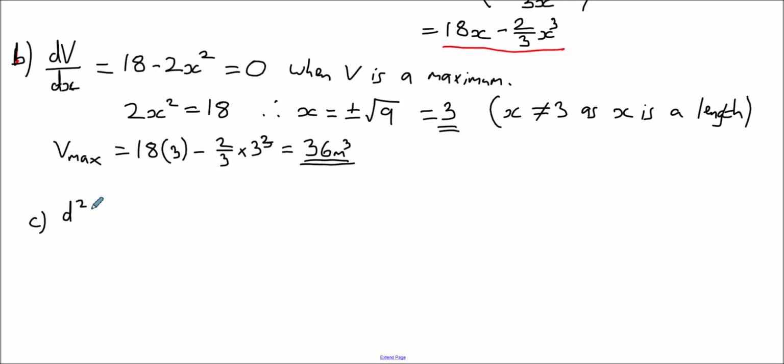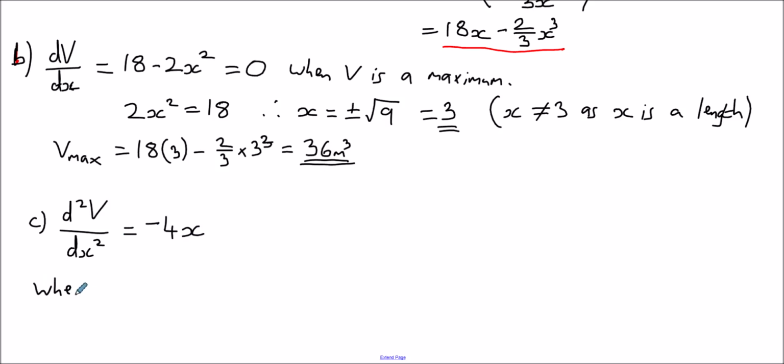So if we differentiate again to get d squared V over dx squared, we now just differentiate this again. So the 18 will vanish, the minus 2x squared, the 2 comes to the front, makes the minus 2 a minus 4, the power of x drops to power 1. So d squared V over dx squared is minus 4x.